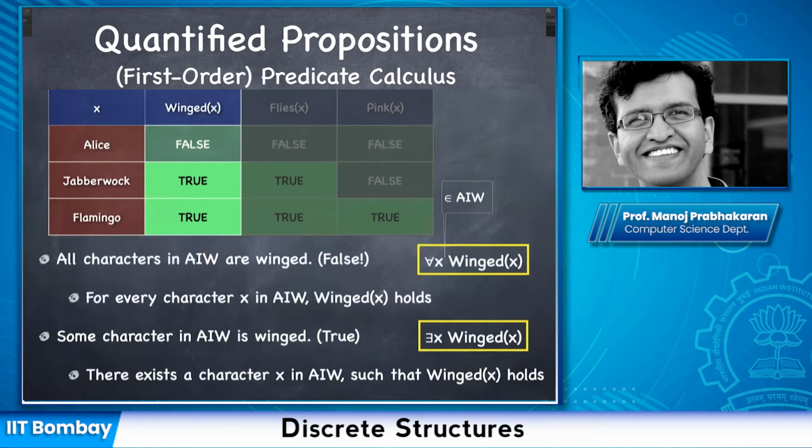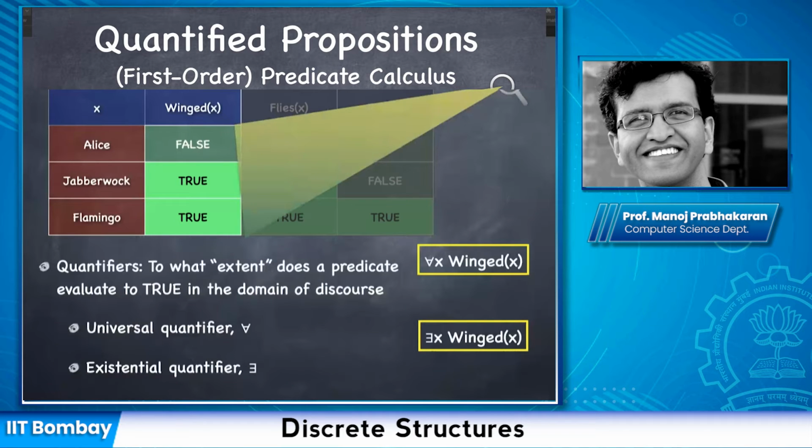You are allowed to write these quantifiers, for all x and there exists x, to refer to all elements in the domain. So why are they called quantifiers? Basically these are statements about to what extent a predicate evaluates to true in the domain.